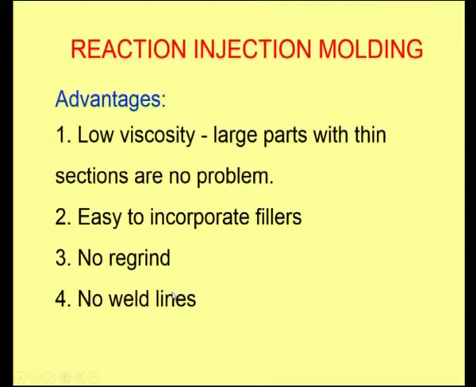And also in a normal injection molded product there will always be weld lines. The weld lines are nothing but surface irregularities on the final product. So, here no such weld lines would be formed.